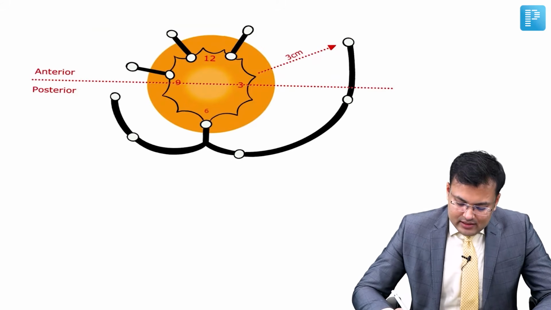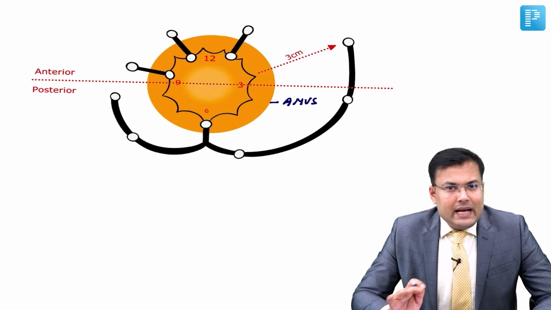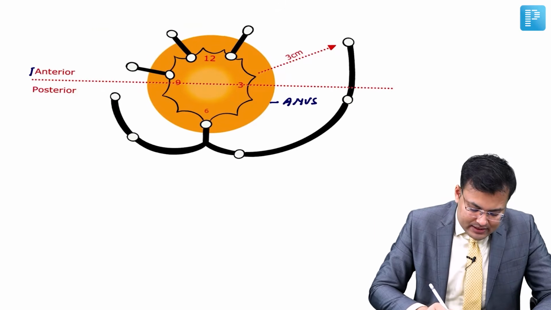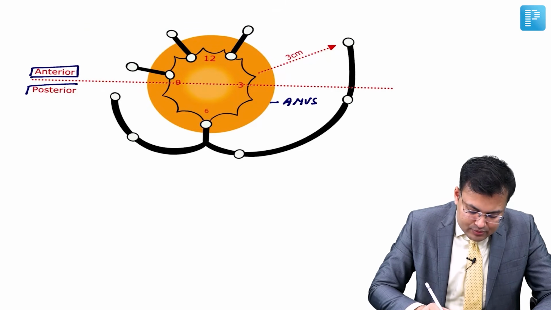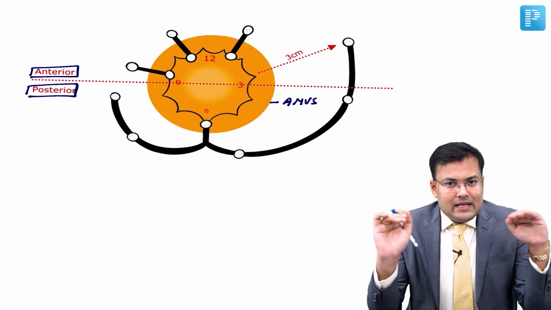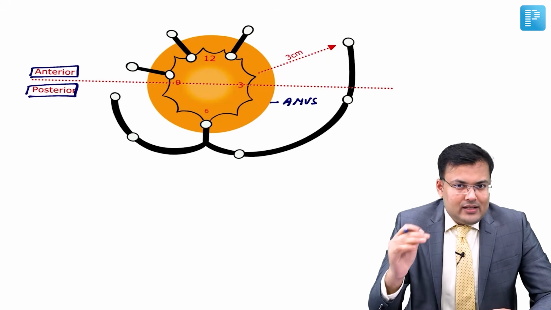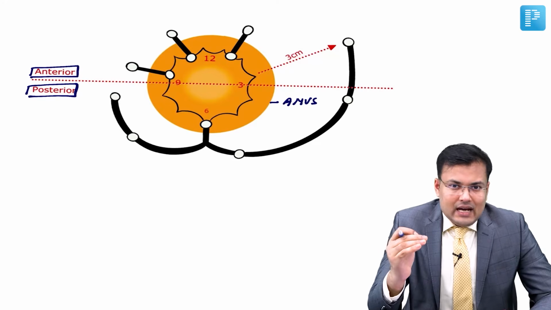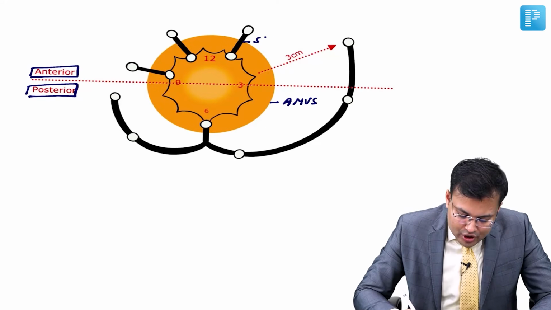Now imagine that this is the anus and I'm going to divide this by an imaginary transverse line. Here you can see this is the anterior part and this is the posterior part. Clear? So the anus is divided by an imaginary transverse line. It is said that anteriorly located external openings are joined by a short straight tract.